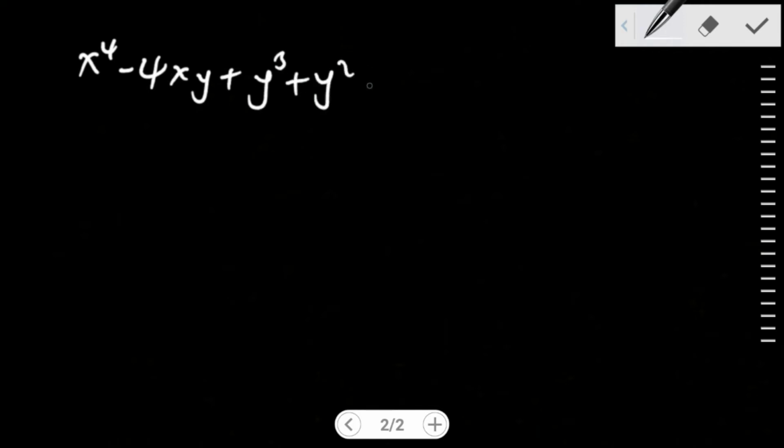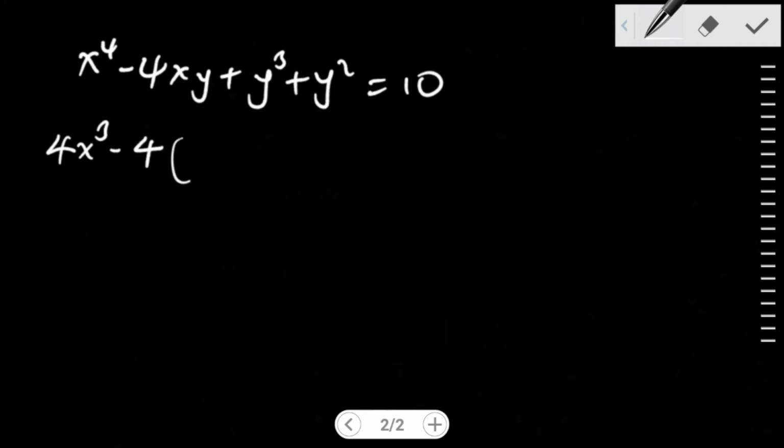Now for the next example, if I have x power 4 minus 4xy plus y cubed plus y squared equals 10, and I differentiate x power 4, I'll get 4x power 3 minus, now I keep the 4 constant in this case.